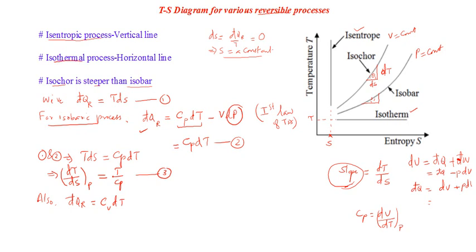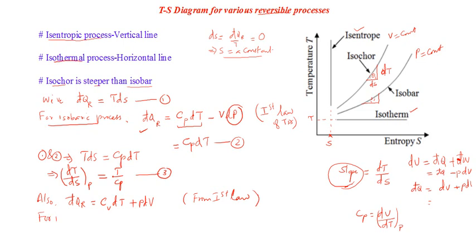Hope you remember this equation. It was Cp dt minus Vdp; here, instead of that, it will be Cv dt plus Pdv. We have used this expression multiple times previously. This is from the modified form of the first law of thermodynamics, first law in terms of Cv.